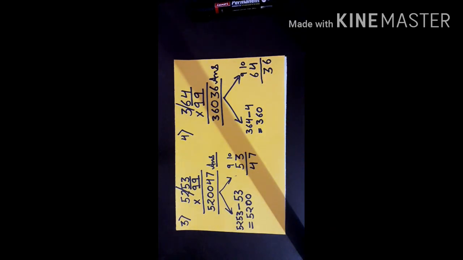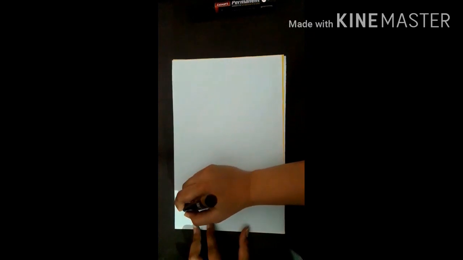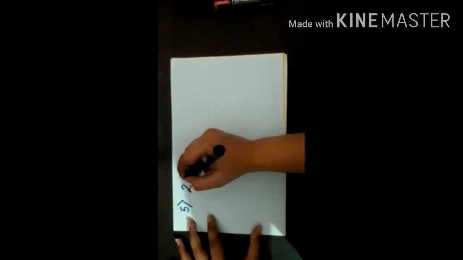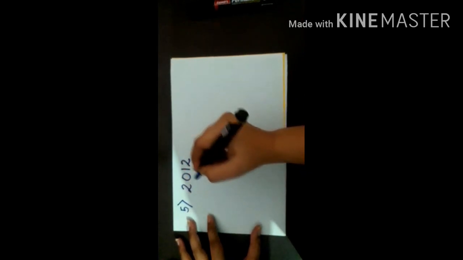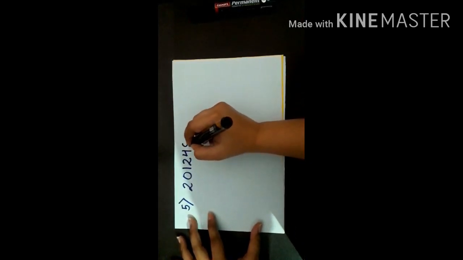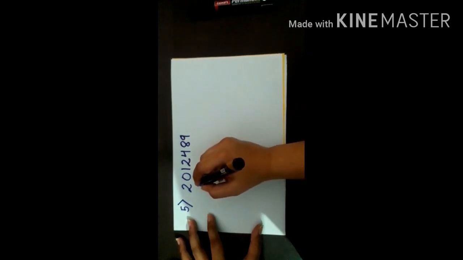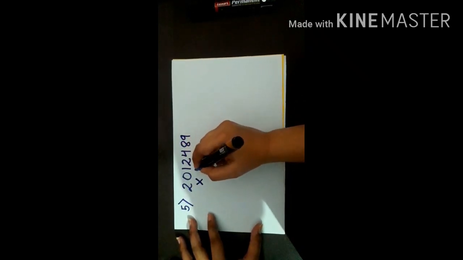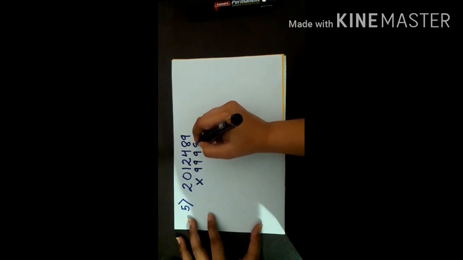Now I am taking my last example, which is a big number, and you will see how in some seconds I will complete that example. Our last example is a big number, which is 2012489 multiply by 99999.